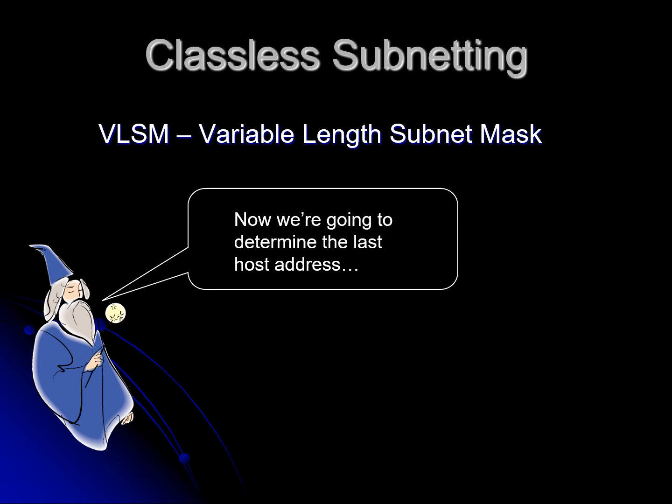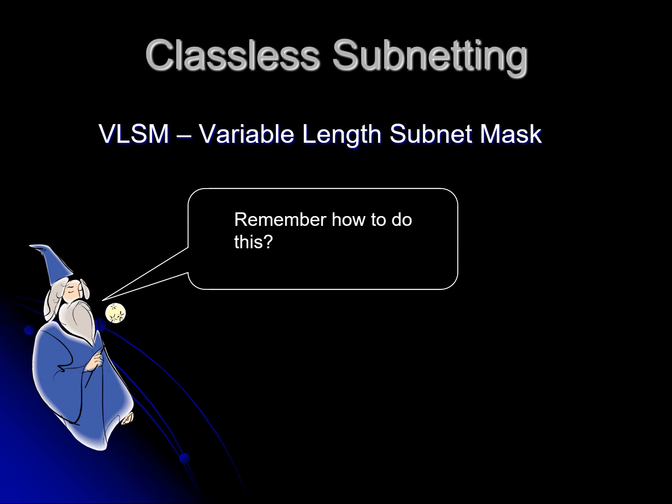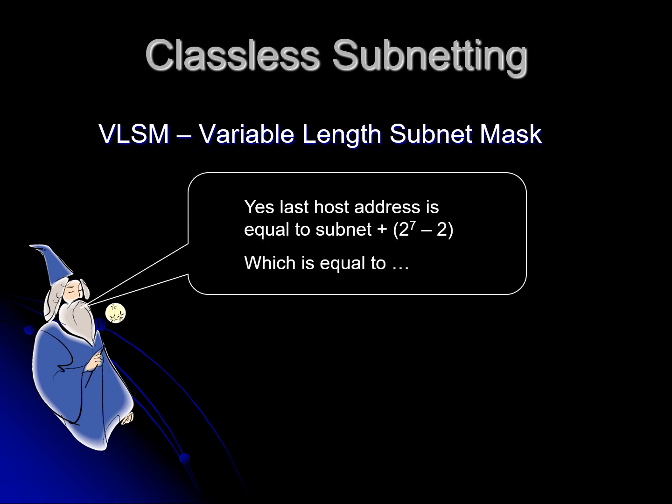Now we're going to determine the last host address. Remember? Yes, the last host address is equal to subnet plus 2 to the power of 7 minus 2. Because you have 7 bits that you're using to represent your hosts, that's why you have 2 to the power of 7 IP addresses.